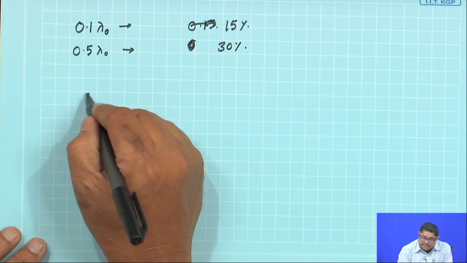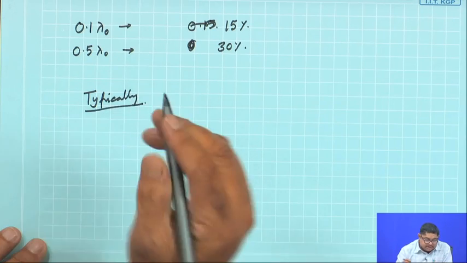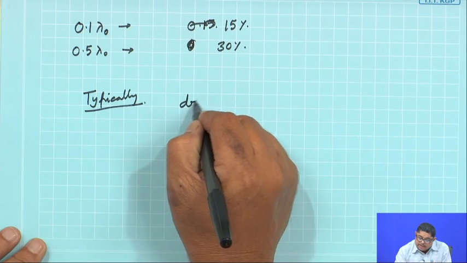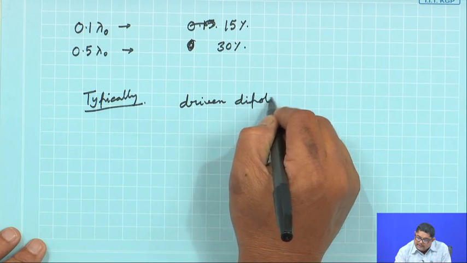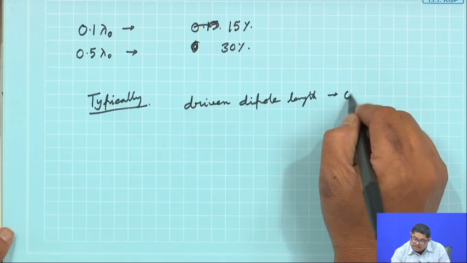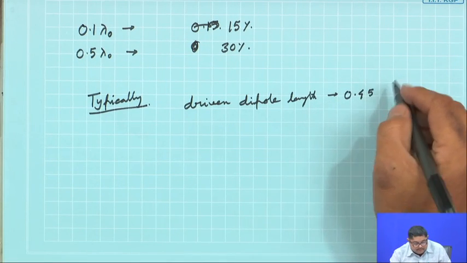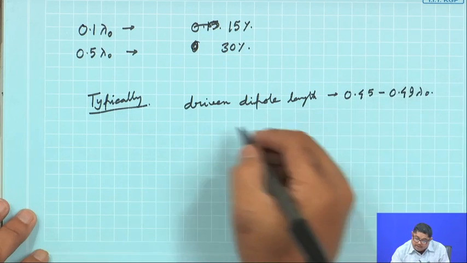Typically we can say some values which are used by designers. So, driven dipole length is 0.45 to 0.49 lambda naught.